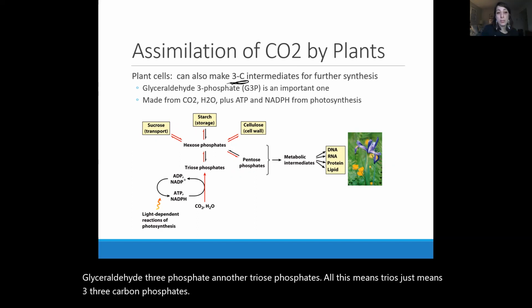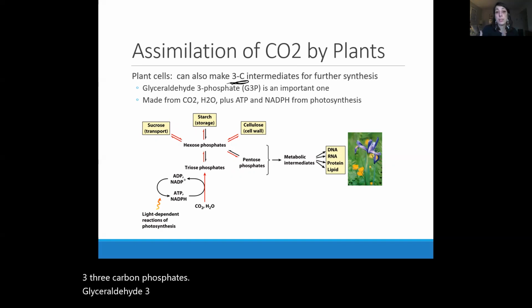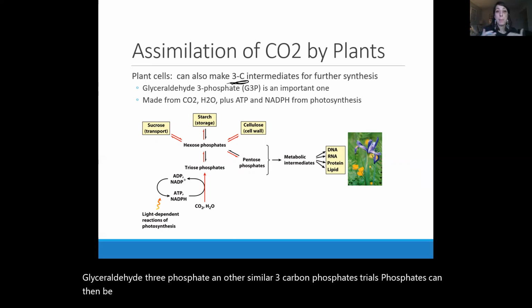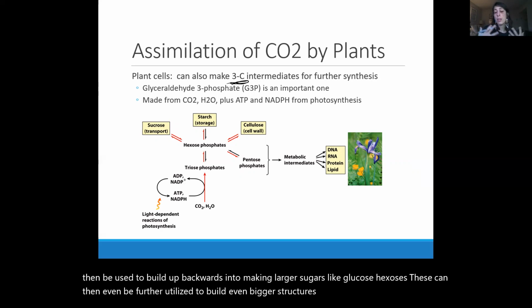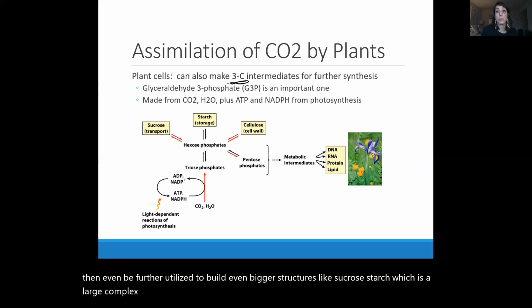So glyceraldehyde 3-phosphate and other similar 3 carbon phosphates, triose phosphates, can then be used to build up backwards into making larger sugars like glucose, hexoses. These can then even be further utilized to build even bigger structures like sucrose, starch, which is a large complex carbohydrate, or cellulose, which is a carbohydrate that the plant uses for its cell wall.